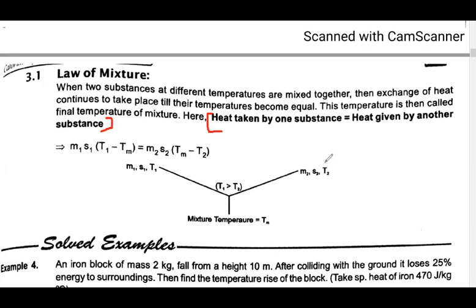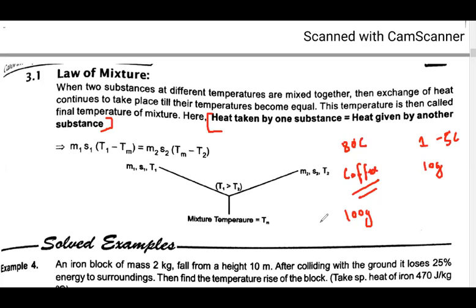For example, if I'm having a coffee at, suppose, 80 degrees centigrade, and suppose the mass of coffee is 100 grams. I'll be taking every unit of mass in grams. Now suppose you take one ice cube at -5 degrees centigrade and drop it in this coffee, and the weight of this is suppose 10 grams.